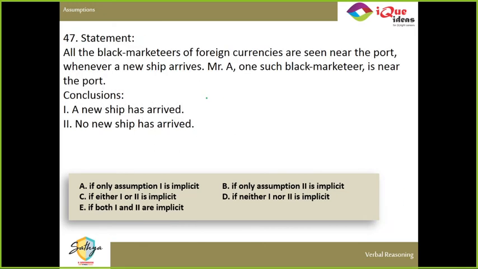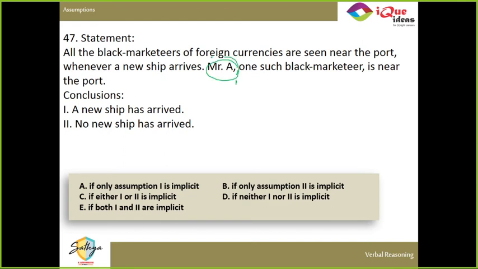Okay. All the black marketeers of foreign currencies are seen near the port whenever a new ship arrives. Mr. A, one such black marketeer, is near the port. What can you think? Either a new ship has arrived or a new ship has not arrived. Right? See, it is not said that A has to be there only when the ship is there.